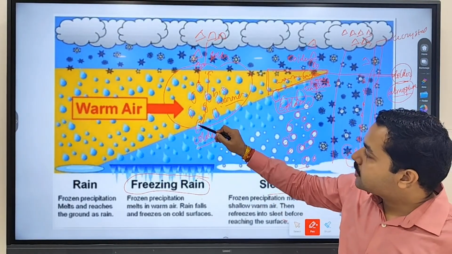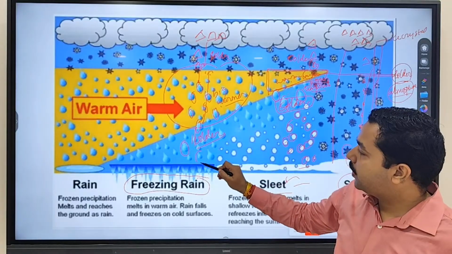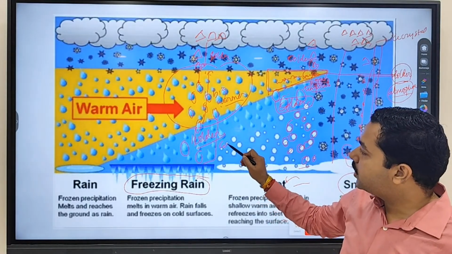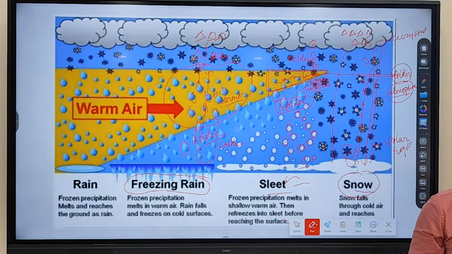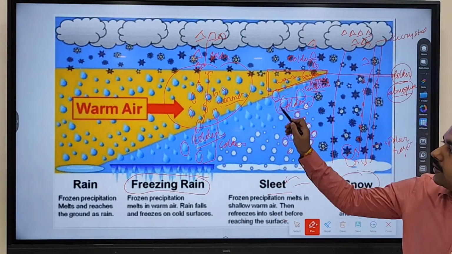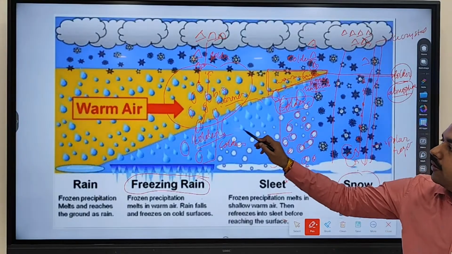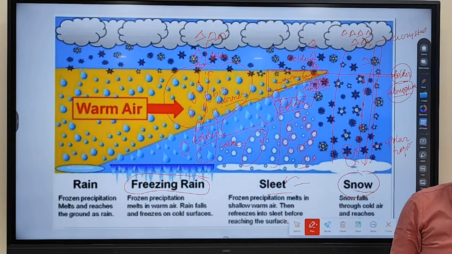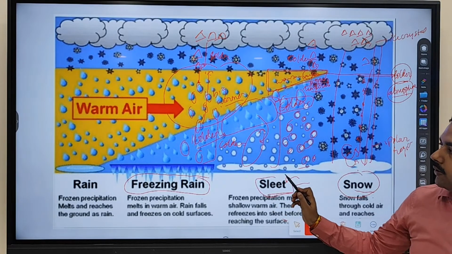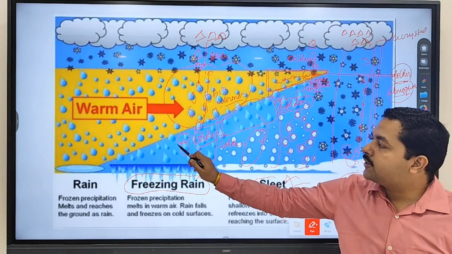Water. It comes in the form of water, but when it travels to the colder surface, since the colder layer here is small, the water does not freeze in the air itself, which would make it sleet.